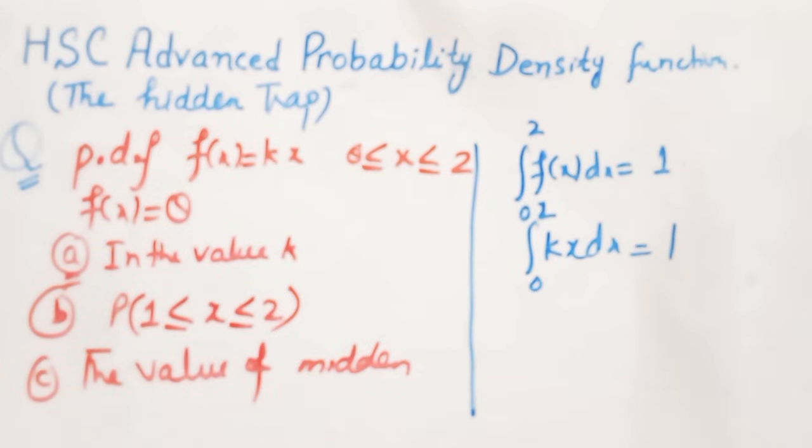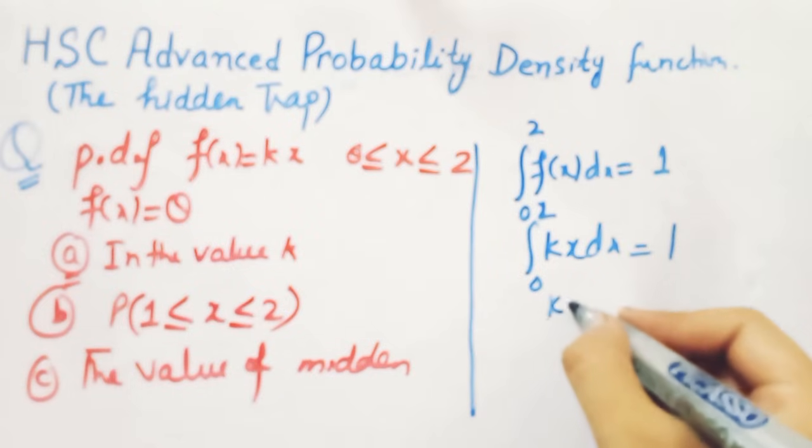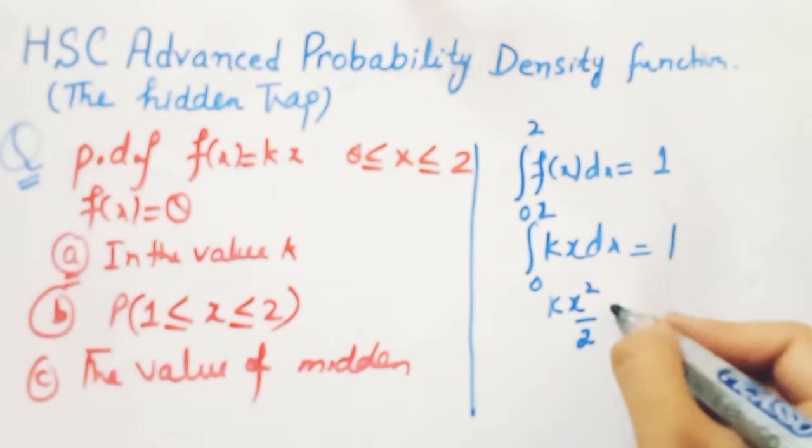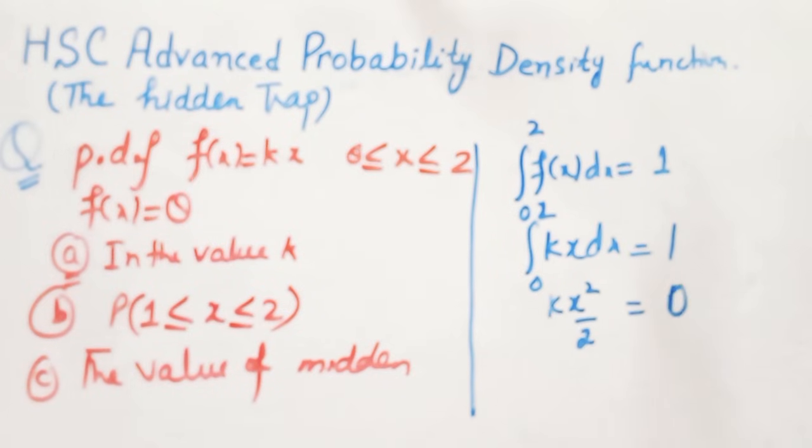Now we will solve this. It will become k of x squared divided by 2 equals 1, applying the limit from 0 to 2.